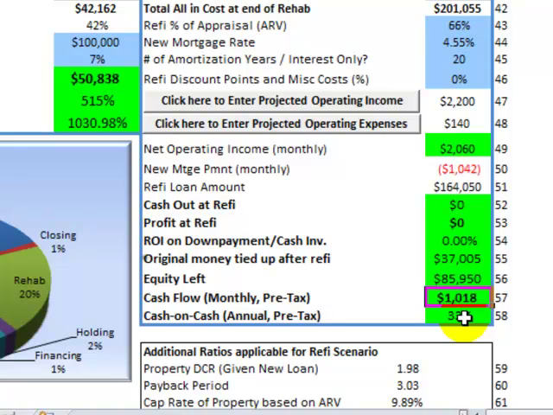So I told you before that I was going to look at 2 investment criteria: how much equity, and what my cash-on-cash return is. Because I'm leaving $37,000 in cash tied up in this deal, I want to know what return that $37,000 is generating for me. And based on my first year cash flow pre-tax, my money is going to earn 33% on an annualized basis.